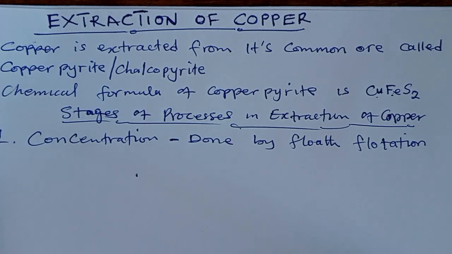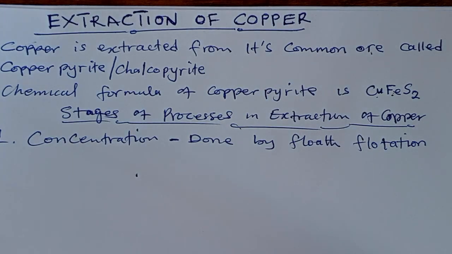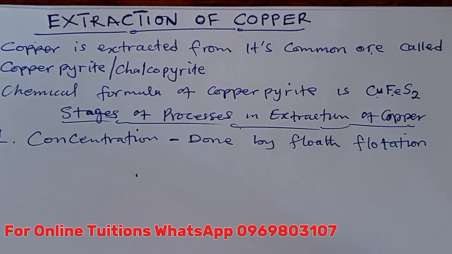So what happens in this process of concentration? We have a rock where copper is found, which is called the ore of copper. That rock is crushed in a crusher. Once it is crushed, it is mixed with oils and water.